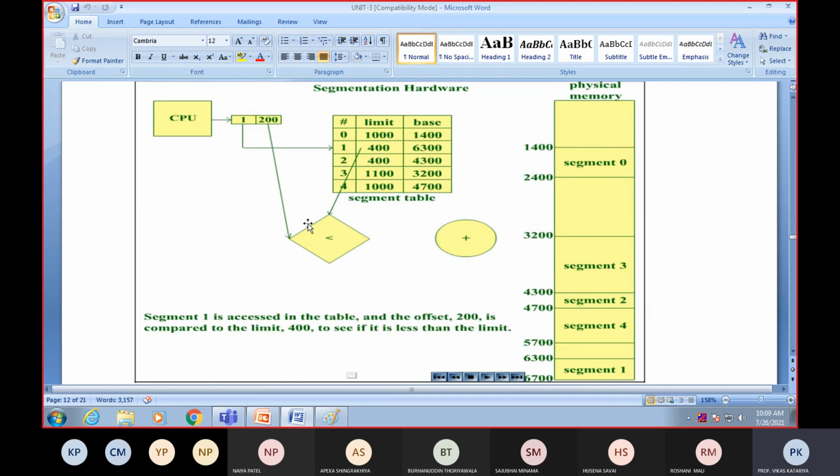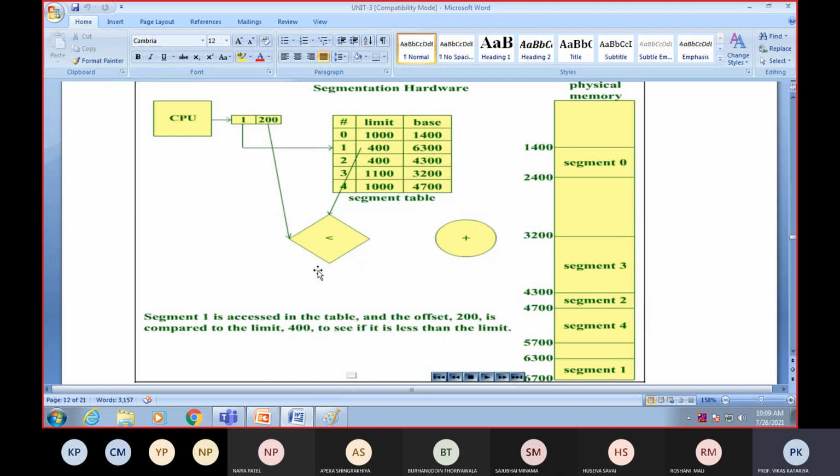So we have to check a condition: the byte offset, 200, should be less than the limit, because according to the rule, the byte offset should lie between 0 and the limit. If it is less than the limit, the logical address can be translated to a physical address.